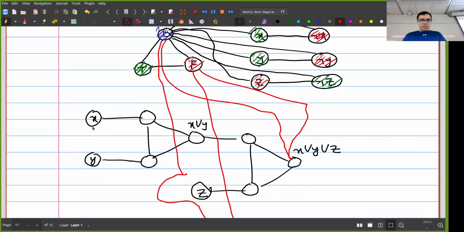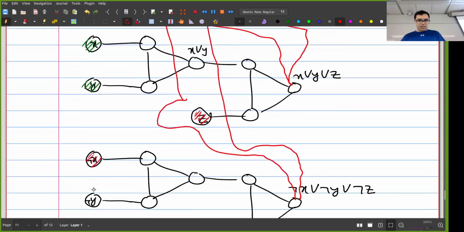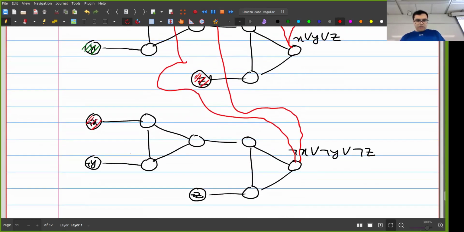Okay. Now remember that this vertex was the same as this one. So it's actually already green. Y is also already green. Z is red. Not X is red. Not Y is red. And Z is green.